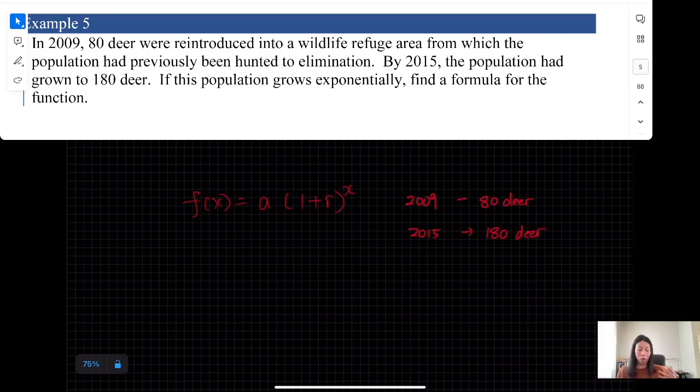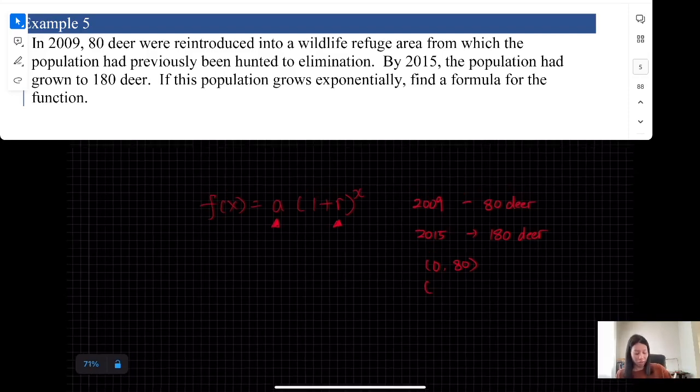To set up this question, if we want to find the function, we need to solve for a and r, and they're giving you 2 points. The easiest way to do it is to let 2009 be the initial year, because then when x = 0, f(x) = 18, so by the year 2015, that means 6 years pass, and f(x) is equal to 118. With that, we might be able to solve the question.